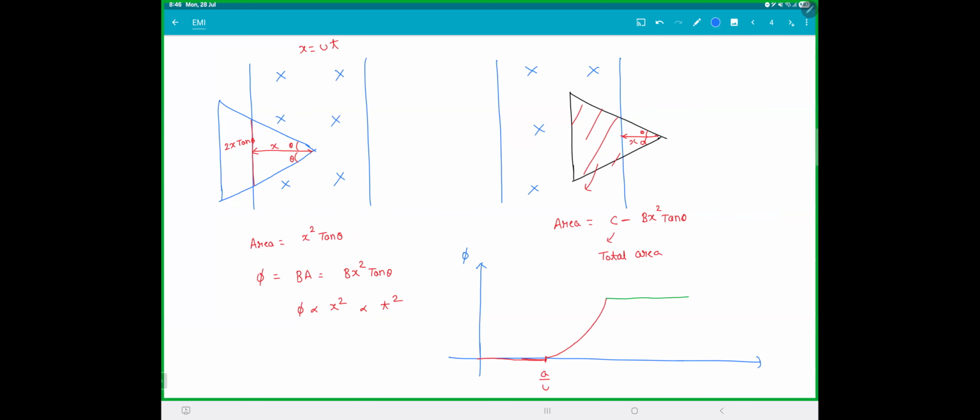And if you notice, while coming out, the function is minus x square. It is a downward parabola. Looks like this, isn't it? That's how the graph looks. So the flux will be like this while leaving. This is while entering. And this is when it is inside. So for some time, the flux will be constant.